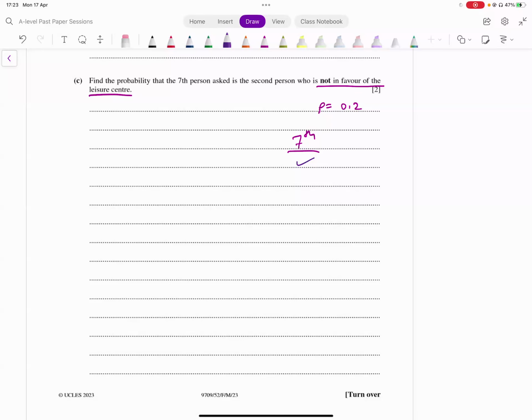लेकिन उससे पहले वाले जो 6 हैं हमारे पास, first, second, third, fourth, fifth, and sixth. इन 6 में से सिर्फ एक सक्सेस होनी चाहिए.